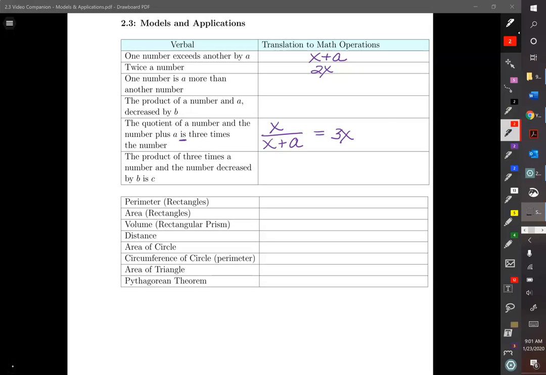Okay, so I'm going to go back up here to this third line down. One number is a more than another number. I think that wording's a little different than you might be used to, but maybe we should label it so it's a little more clear.